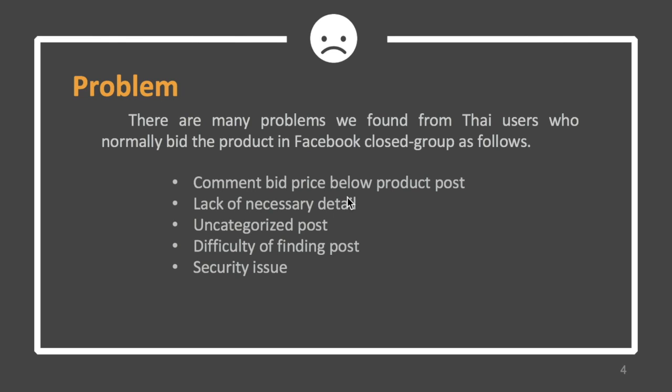Therefore, we use user issues about the auction in Facebook as our consideration to study the project. The problem statements are defined as follows: comment bid price below product post, lack of necessary detail, uncategorized post, difficulty of finding posts, and security issue.